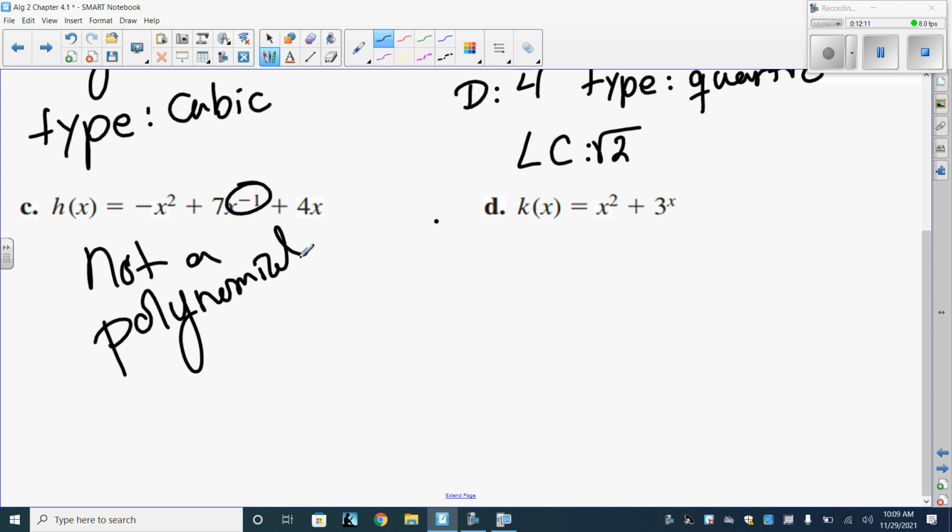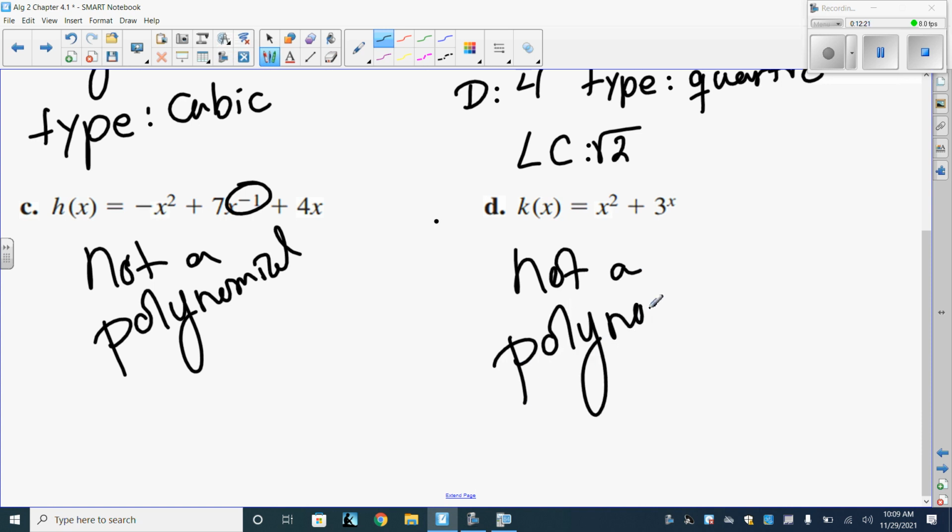How about letter D? Exponents are not negative. Exponents are not fractional. Variables inside of a radical.